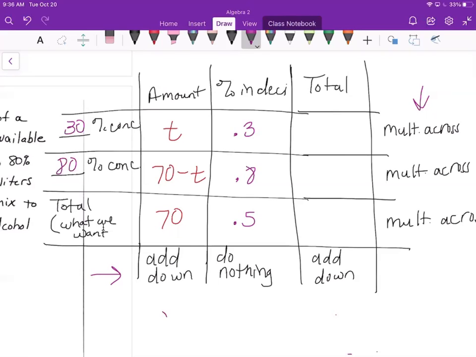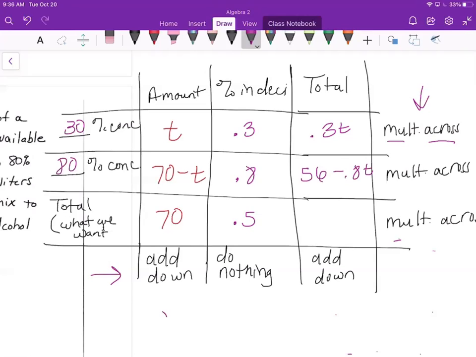So we're going to have T times 0.3, which is just 0.3T. We're going to have 70 minus T times 0.8. So first we multiply 70 by 0.8, we get 56. And then we multiply 0.8 by negative T, which is negative 0.8T. Finally, if we multiply across here, half of 70 is 35. Finally, it says to add down.